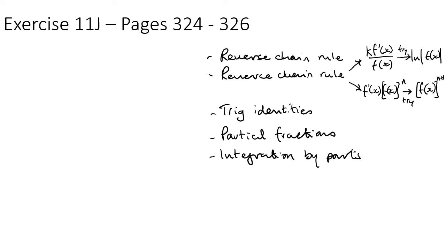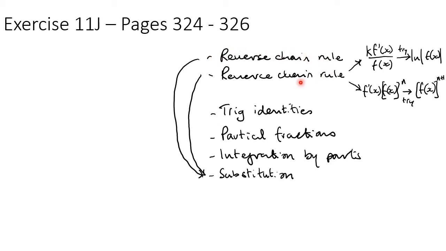We also have, as well, substitution. So you've got all of these different methods. Now remember that these two here could be done by substitution, but these are quicker than changing it to a substitution. I think that covers all of the different methods that we have.